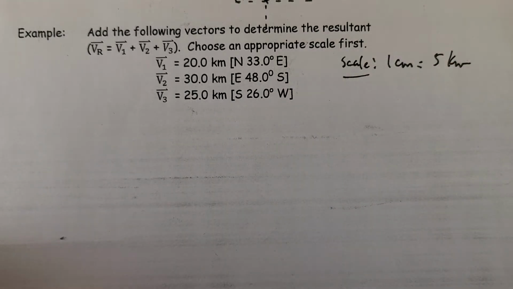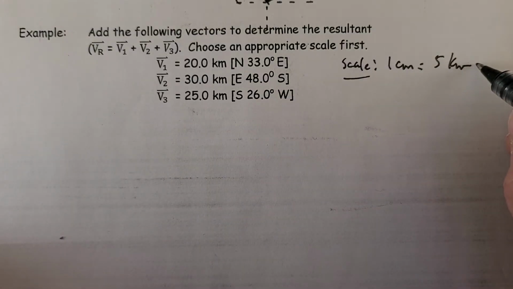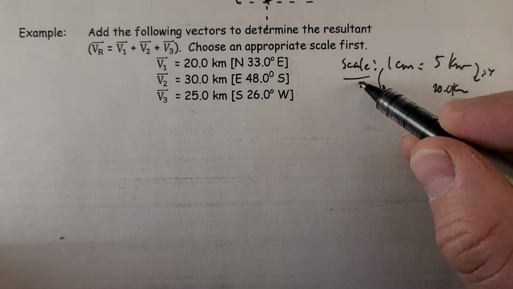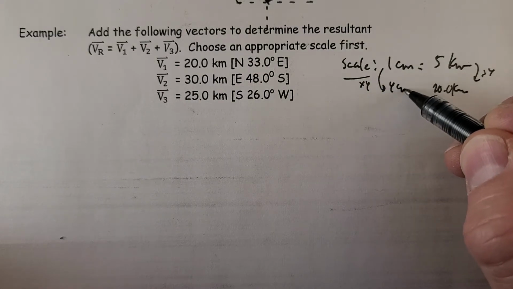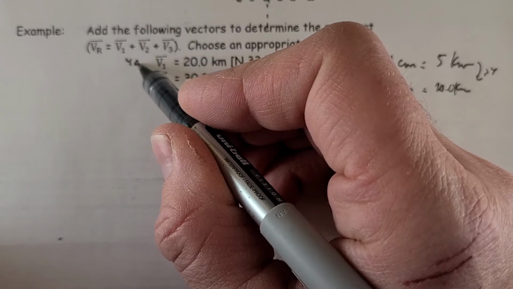kilometers. Okay, so looking at kilometers, therefore this first one, if I'm making a 20 kilometer jump, that's times 4, so I'd make that 4 centimeters.